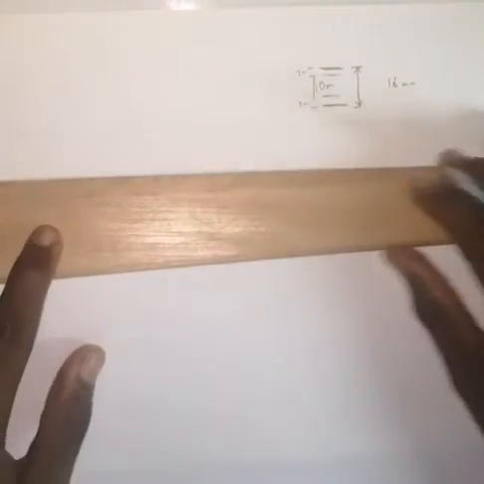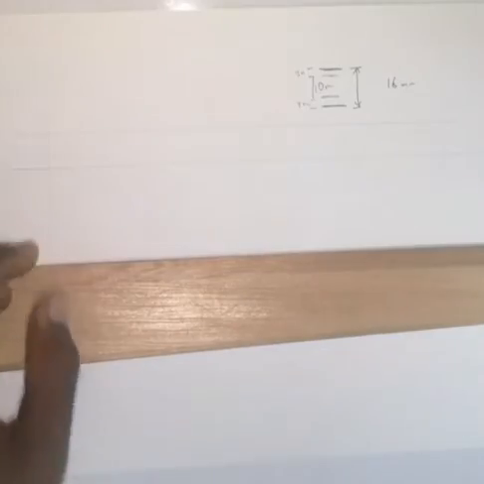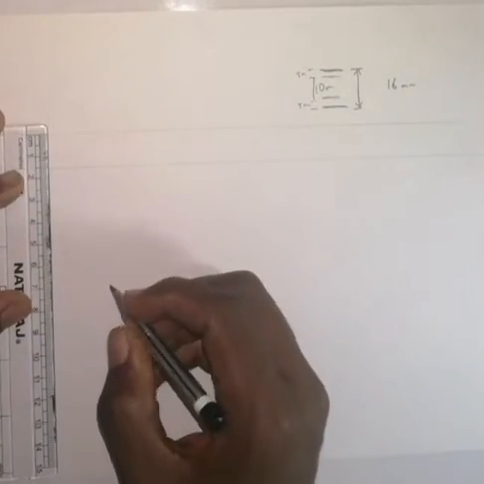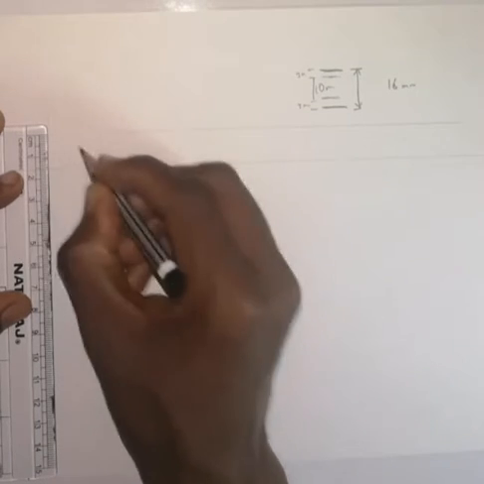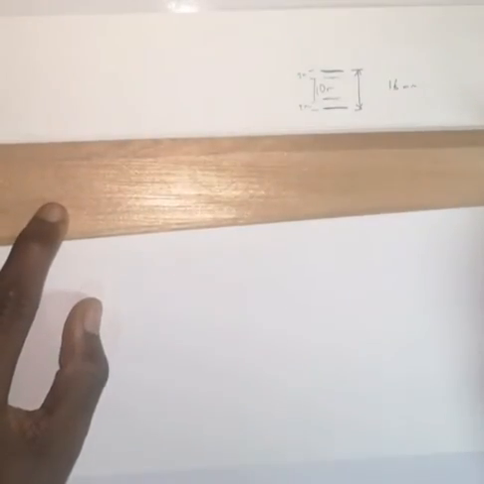Now, if you have set the paper well, immediately you draw this, the distance between these 2 lines should remain 16 throughout. From there, you would mark 3 above and then 3 below. Then you would also draw.